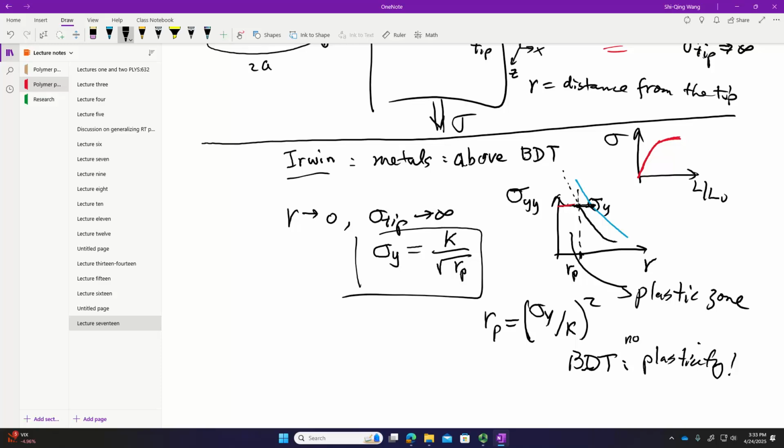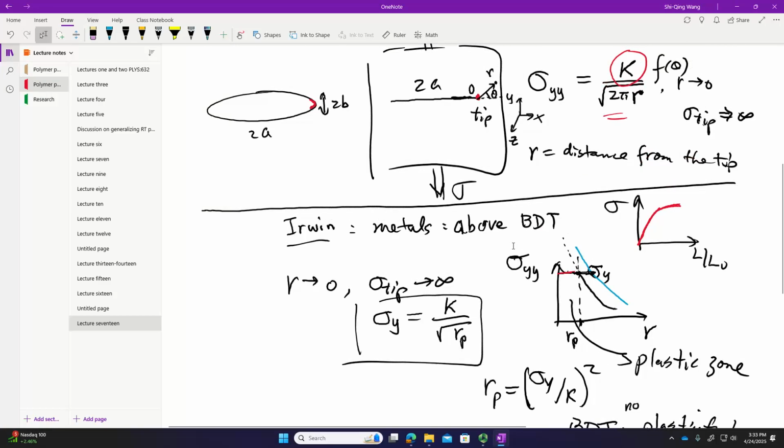So you can see everything is connected. If you really have just an elastic material, such as our rubber, there's no plasticity. It's just a purely elastic material. So I think it's sufficiently confusing.